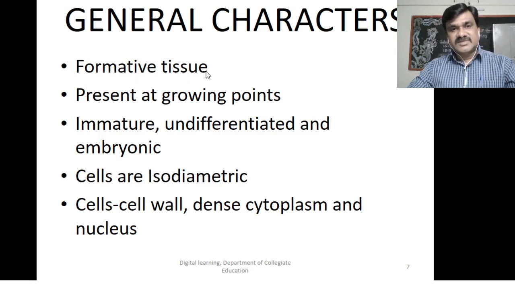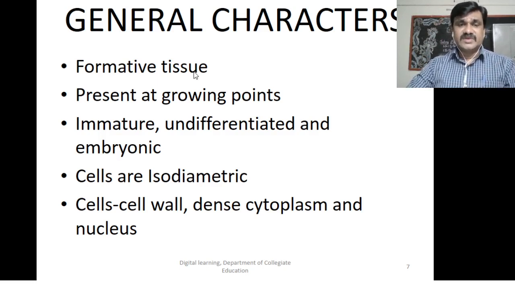By this division, the meristems add new cells to the plant body. The cells become tissues, so it gives shape to the plant body. That's why the meristem is called formative tissue. It is involved in the formation of tissues or organs, whatever it may be.